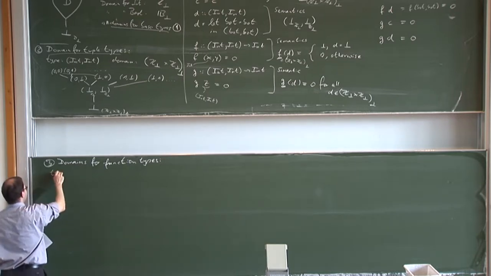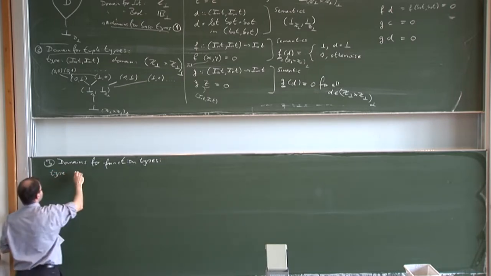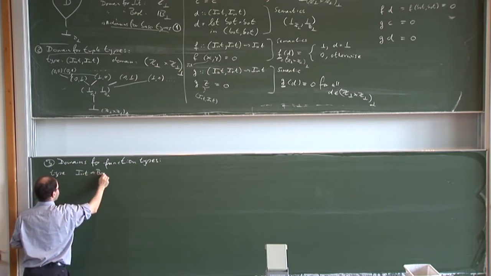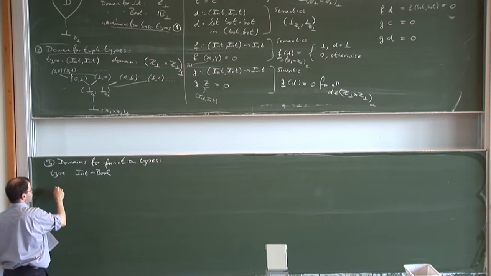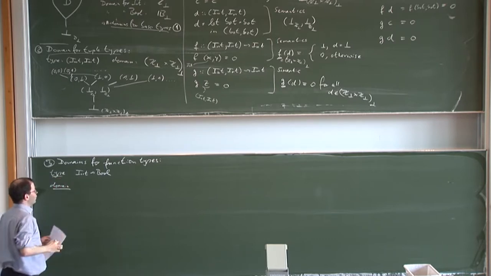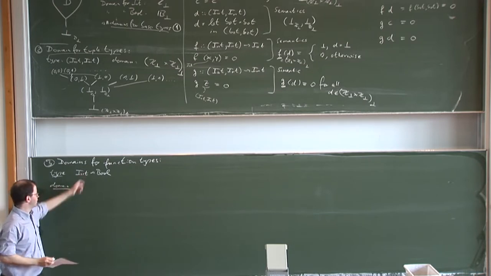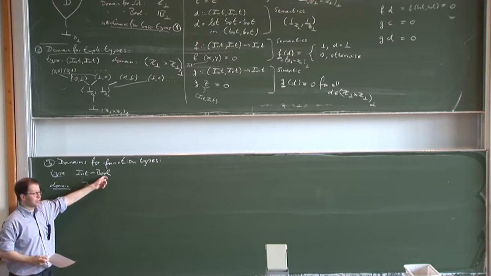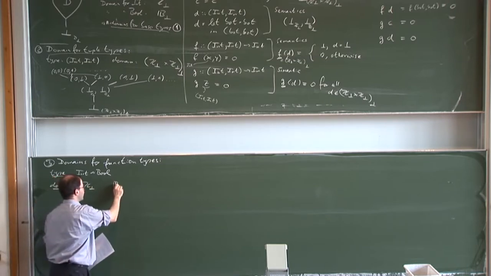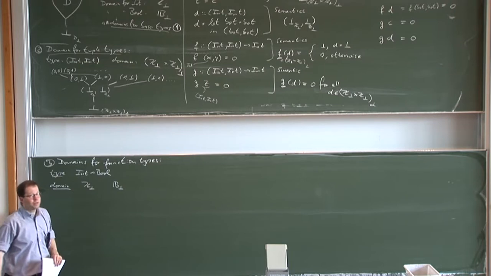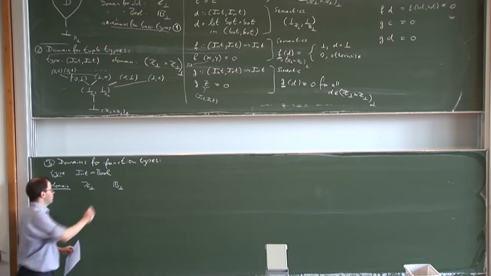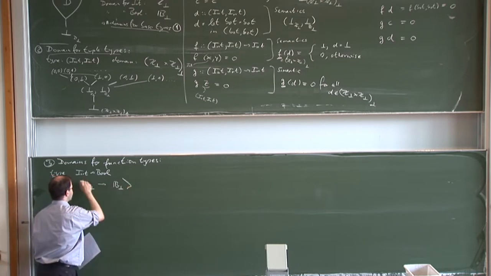If we have something like the type, say, int to bool, then what is the corresponding domain? Well, we take the domain for int, which is Z bottom. We take the domain for bool, which is B bottom. And then we take not all the functions from Z bottom to B bottom, but only the continuous functions.